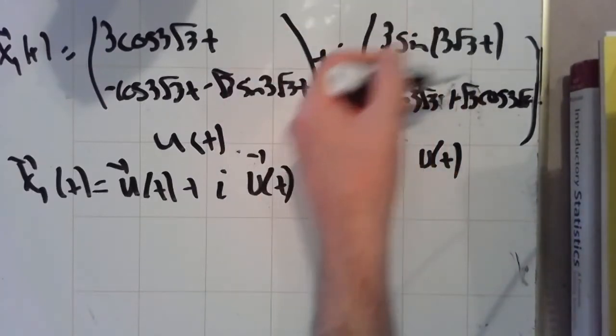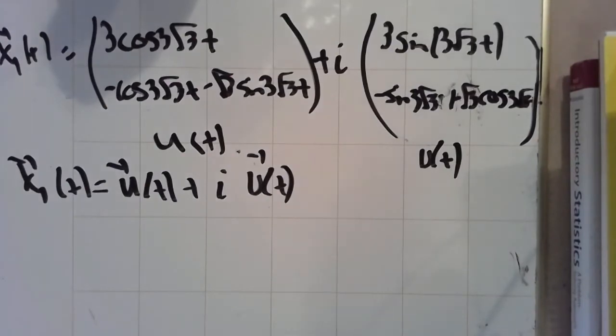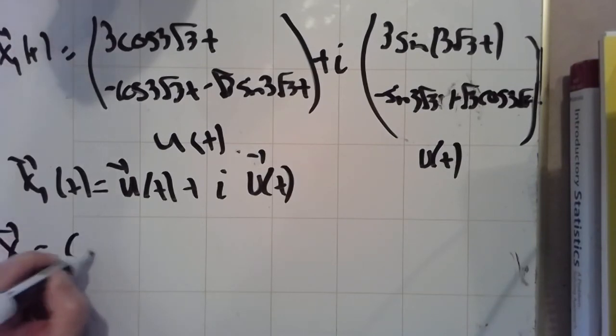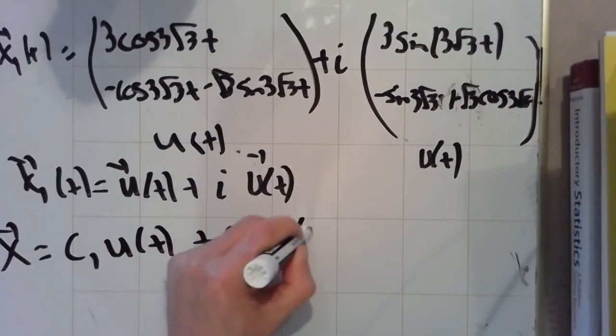All this stuff that had the i without the i, these are linearly independent vectors, and these work perfectly well for our general solution. So I can drop the i. I can say that my general solution then is x equals c1 u of t plus c2 v of t.